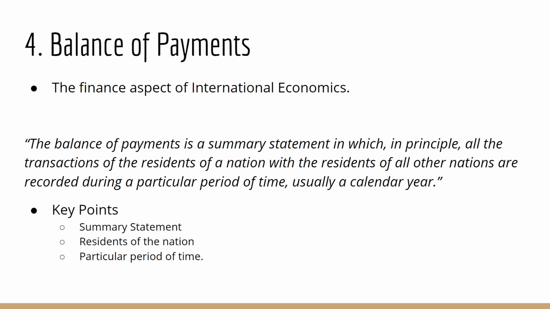And we all know Indians are present everywhere, right? So it's impossible to keep track of all these transactions in a statement. You can't keep every single transaction tracked. That's why it's called a summary statement. It summarizes all these transactions and categorizes them into major chunks so that it is easier for the government to calculate the balance of payments and all these numbers.